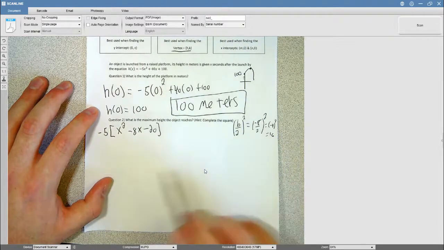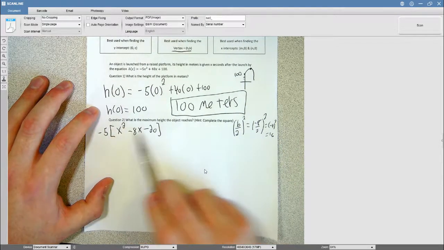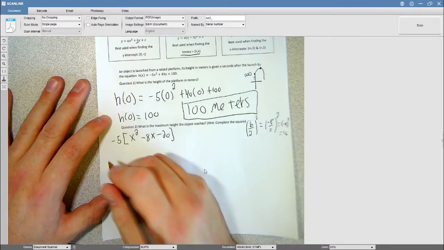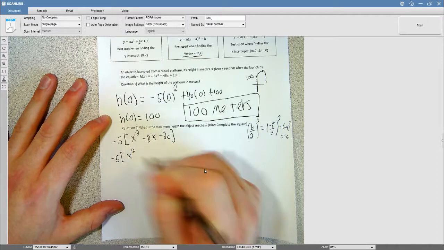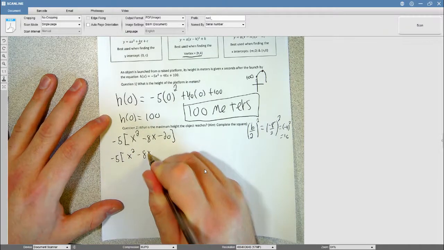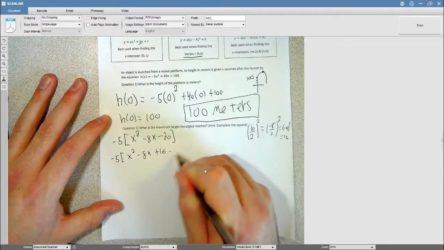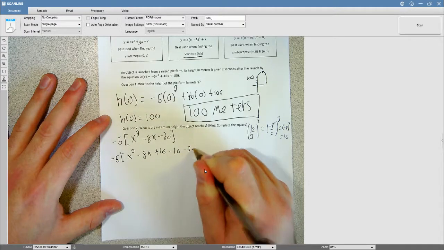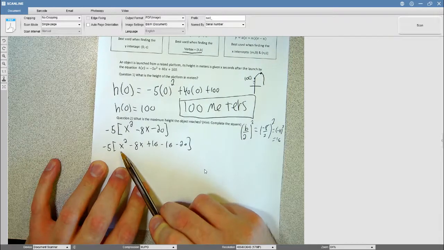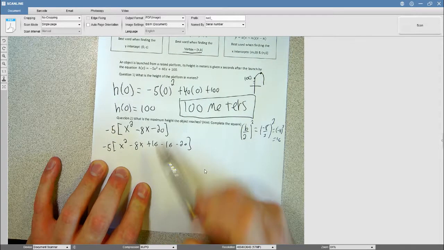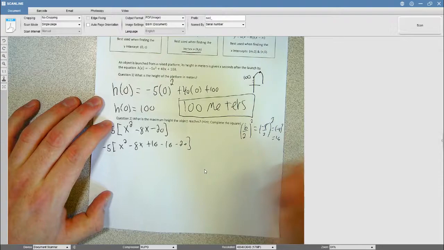So that means we need to add and subtract 16 from inside these brackets. So minus 5 times x squared minus 8x plus 16 minus 16 minus 20. And now we need to take x squared minus 8x plus 16, and factor that.